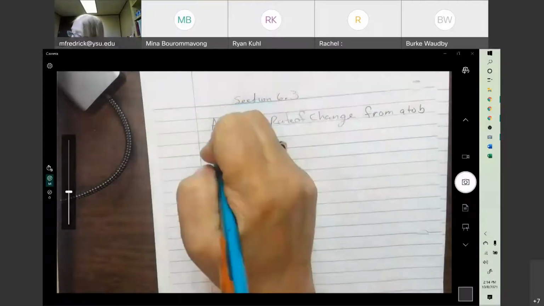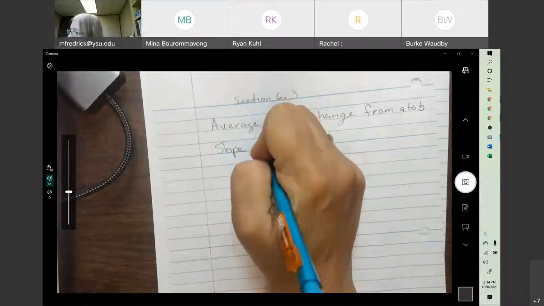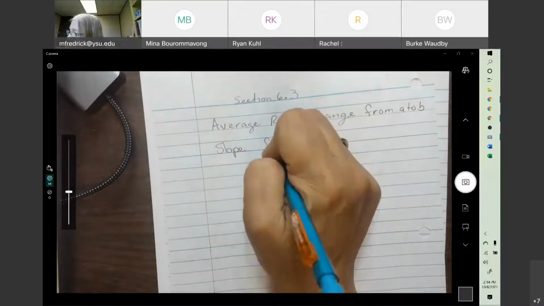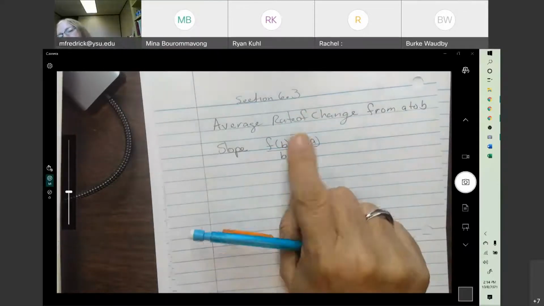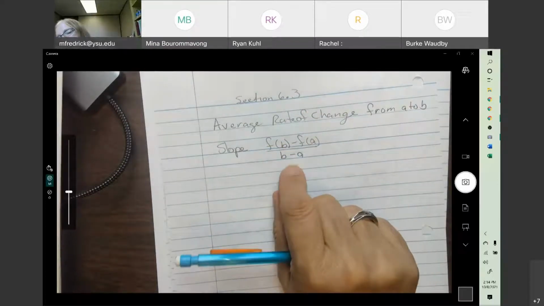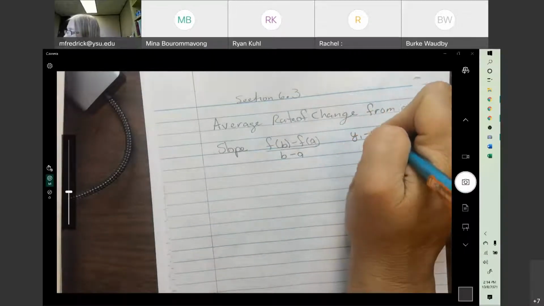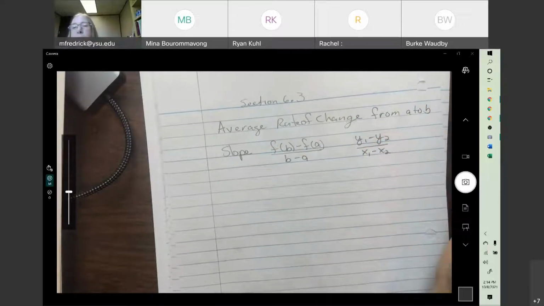That's your slope. So you can use f of b minus f of a over b minus a, or you can use y1 minus y2 over x1 minus x2. Either one.